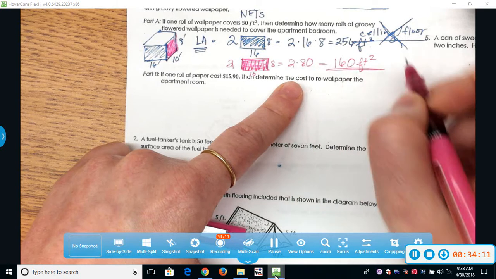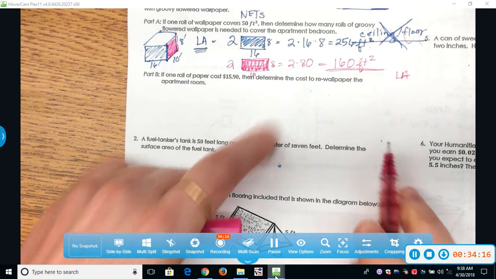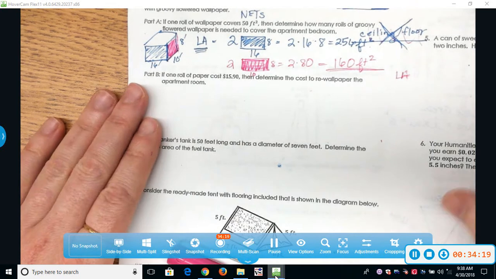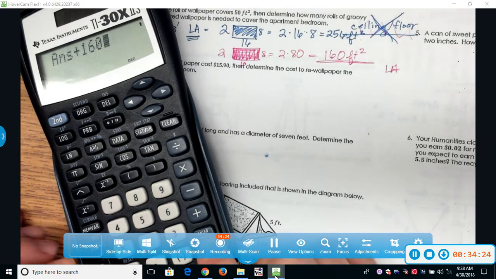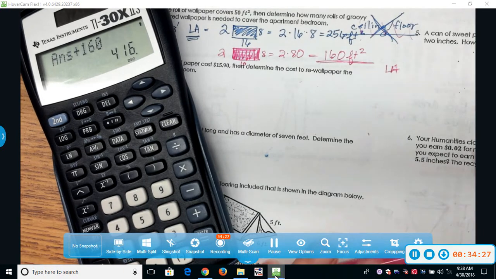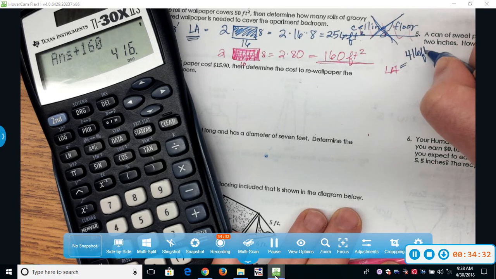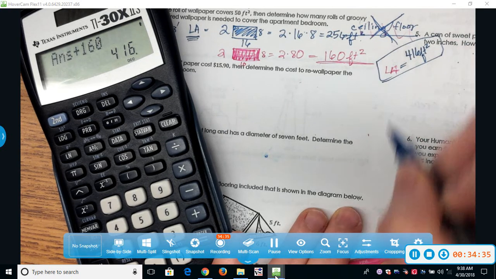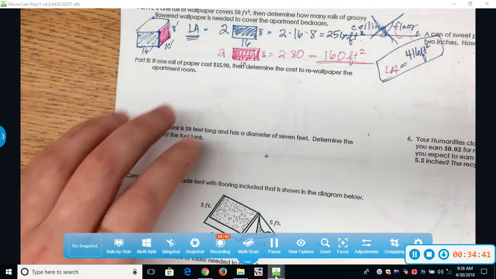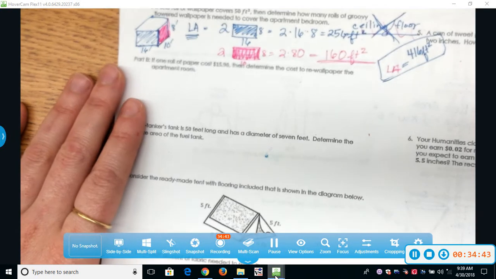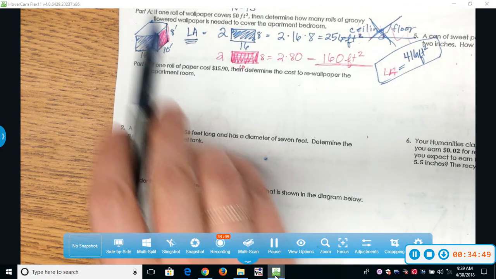So the total lateral area, because again, we are not including the ceiling and floor because we aren't wallpapering those, I'm going to add the 256 to the 160. And I get a total lateral area of 416 feet squared. So that answers that. That's how many feet I have to cover. But that wasn't even the question.